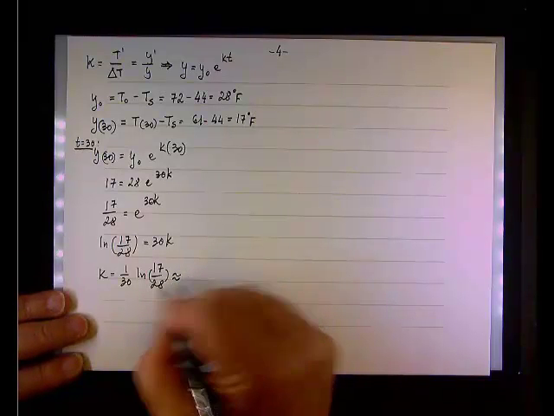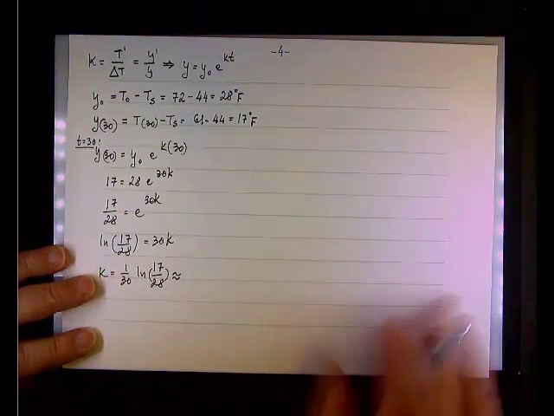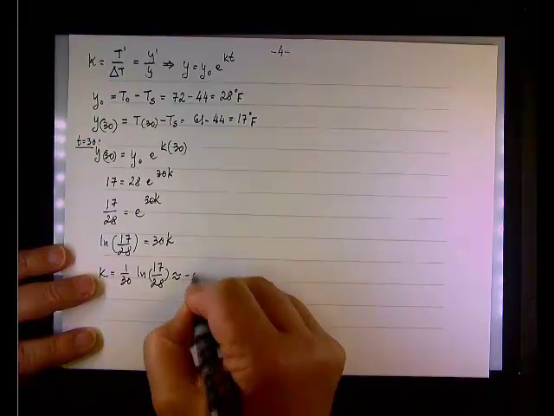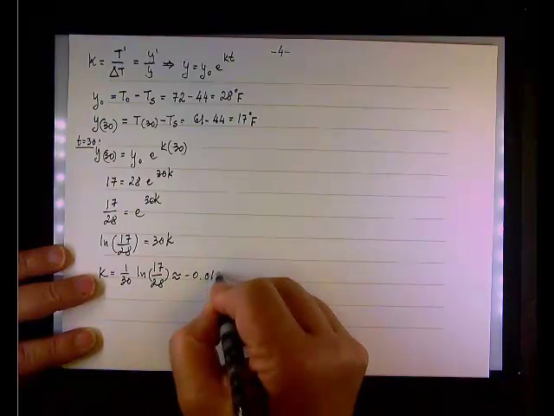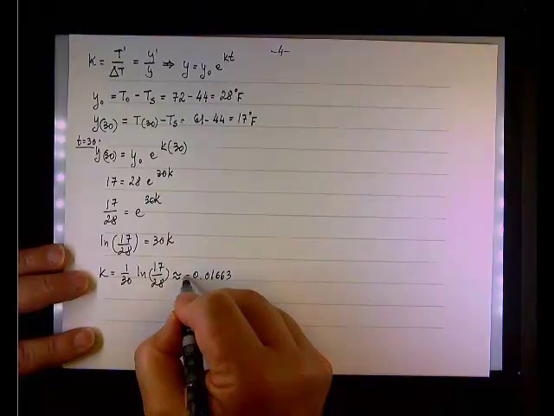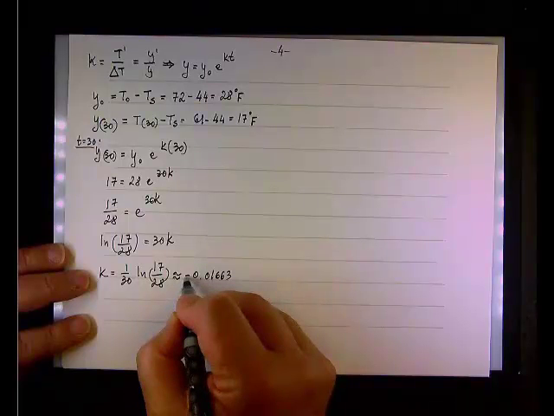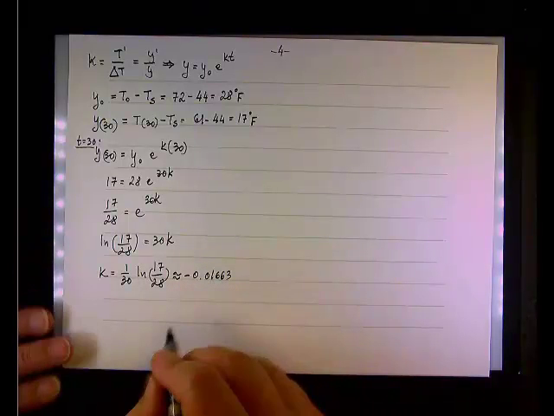I like to keep it like that, I don't want to introduce rounding errors, but it will be negative 0.01663. Let's say this is up to 5 decimal points.